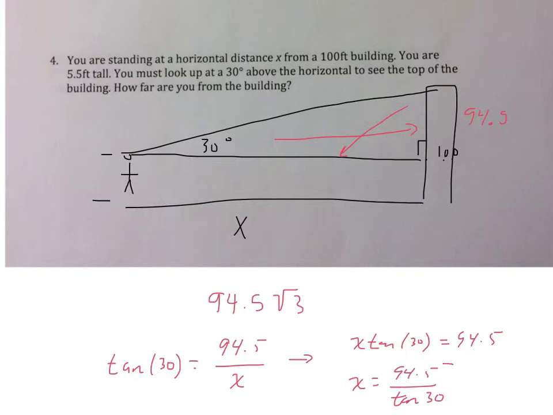And these end up equaling each other. And just to be sure, I'm using Desmos right now, putting in 94.5 divided by tan 30, and we get that it's 163.7.